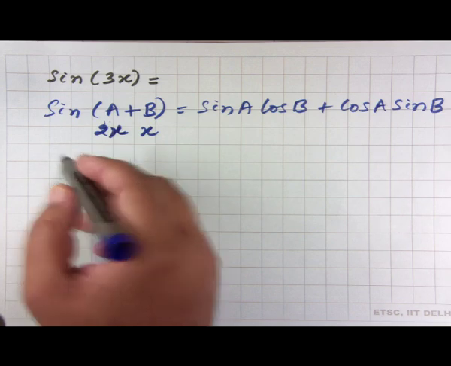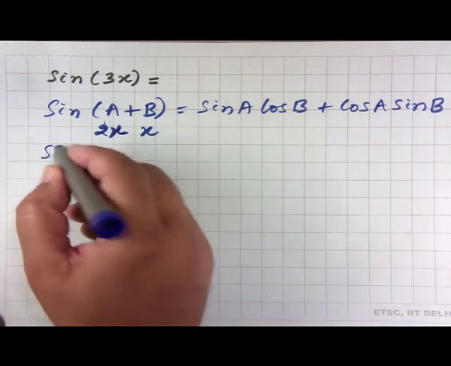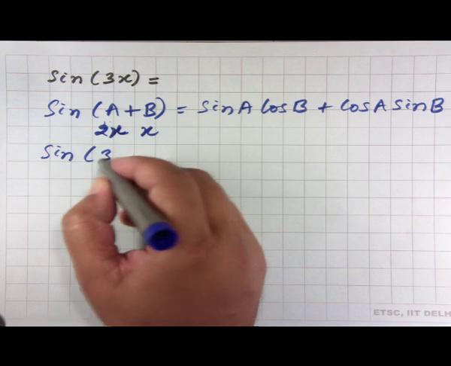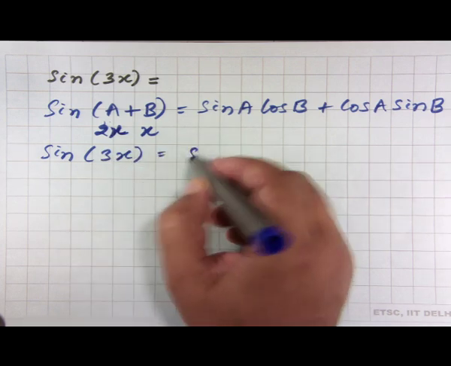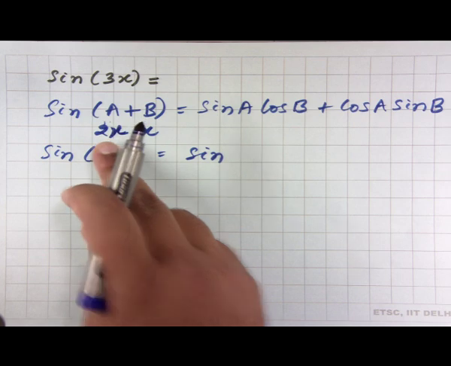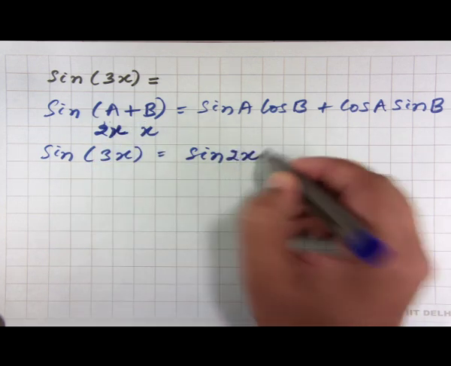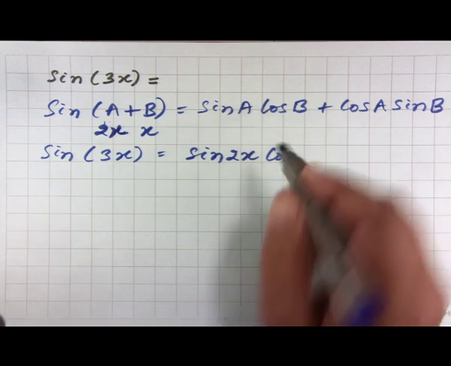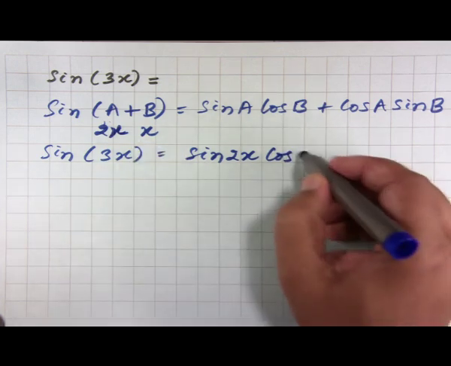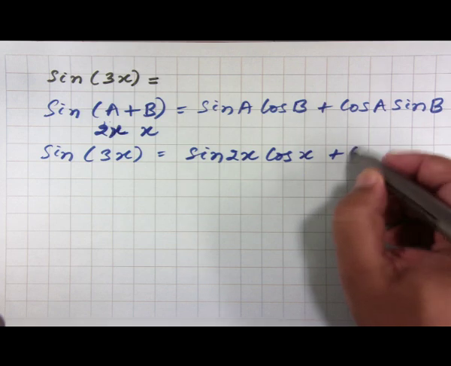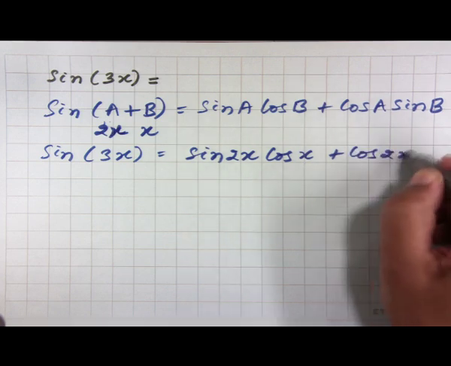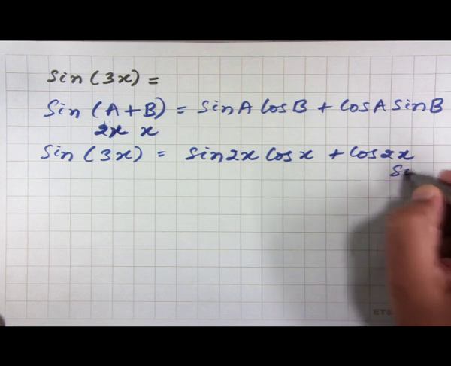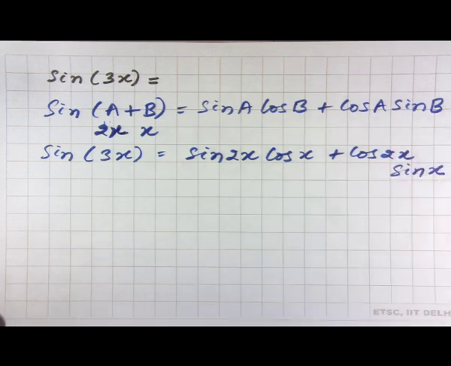So, therefore, we get sine of 3x equals sine of a, but a is 2x. So, sine of 2x times cos of b, but b is x. So, cos of x plus cos of 2x times sine of x.